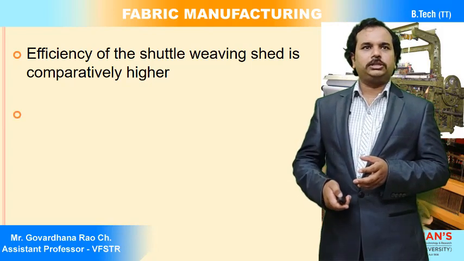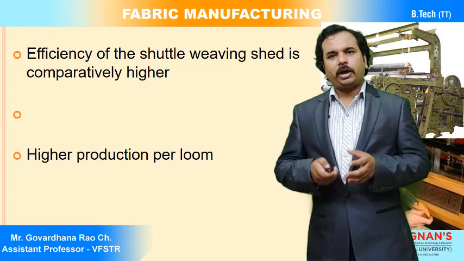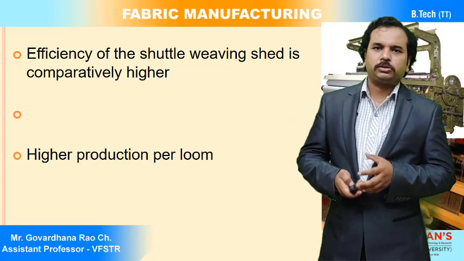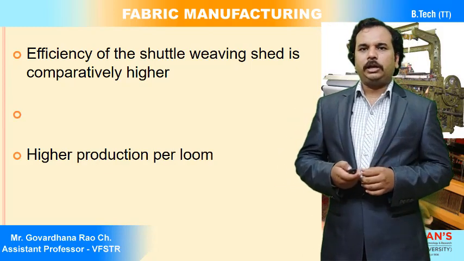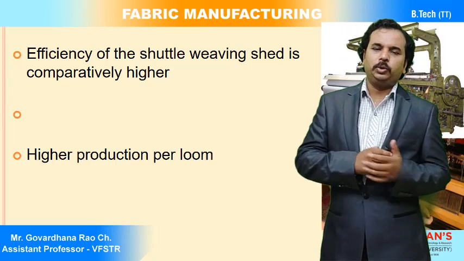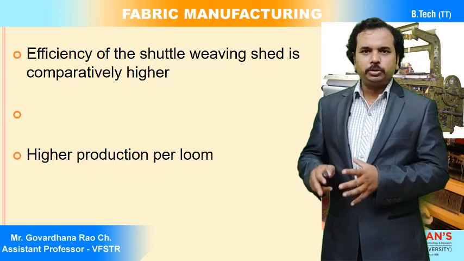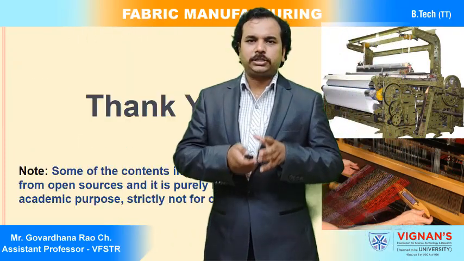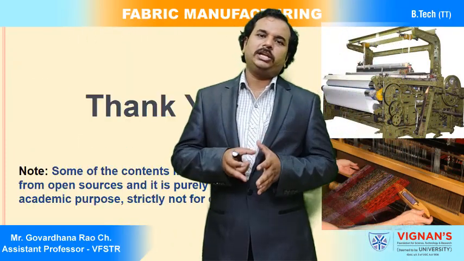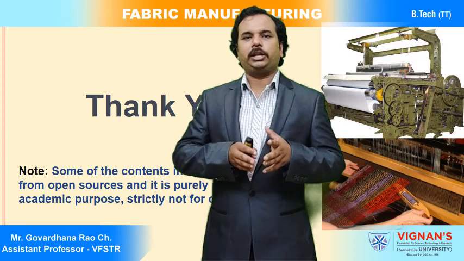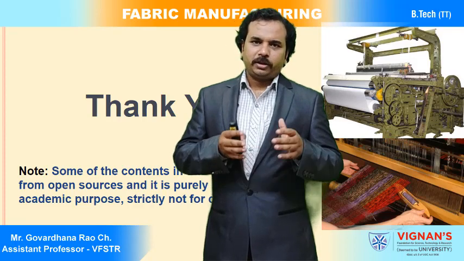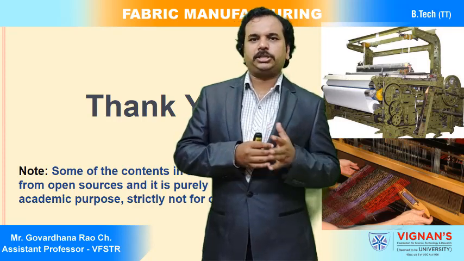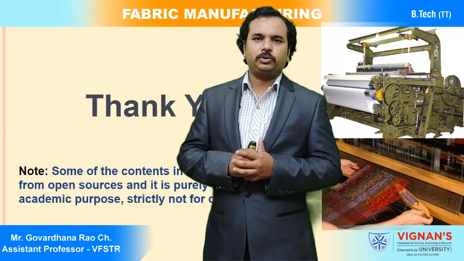You can have higher production per loom also because of the more running time compared to shuttle looms. So idle times are reduced in case of shuttle-less looms. So these are some of the salient features of shuttle-less weaving technology compared to shuttle weaving. These are the limitations and features of shuttle-less looms.